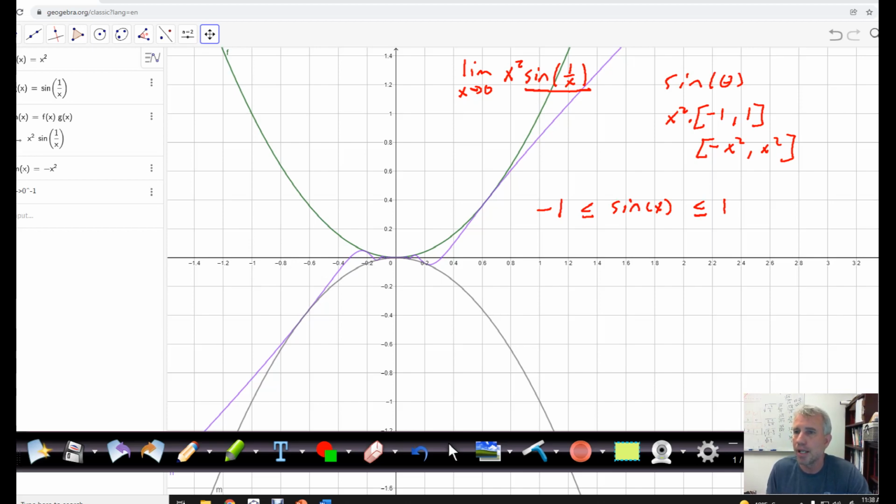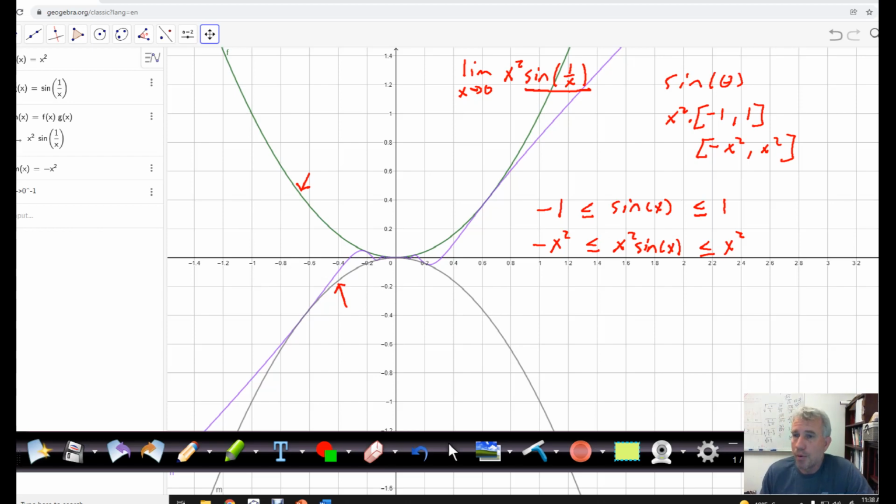We'll multiply by the parabola x squared. So we get -1 times x squared, which is -x squared, is less than or equal to x squared times the sine of x, which is less than or equal to x squared times 1, which is x squared. So we find that x squared times sine of x is between the parabola -x squared, which you see right here, and the parabola x squared, which we see right here.